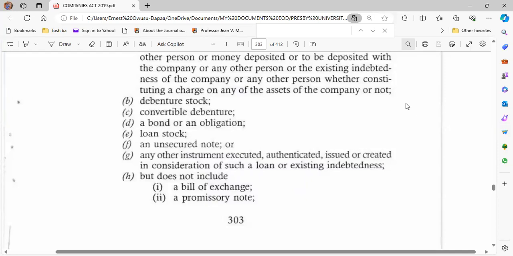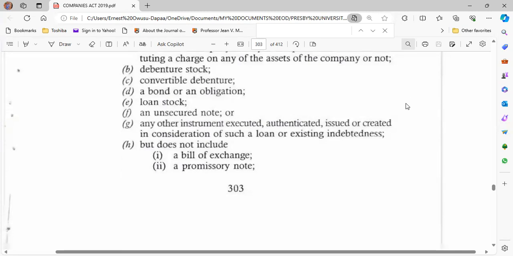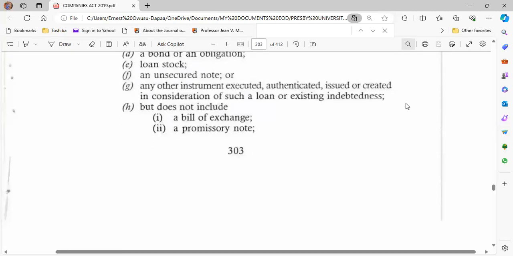That notwithstanding, there are certain debt arrangements which have the appearance of a loan, and for that matter should have been treated as a debenture. And yet, the law is saying that those transactions or instruments of writing do not count as debentures.